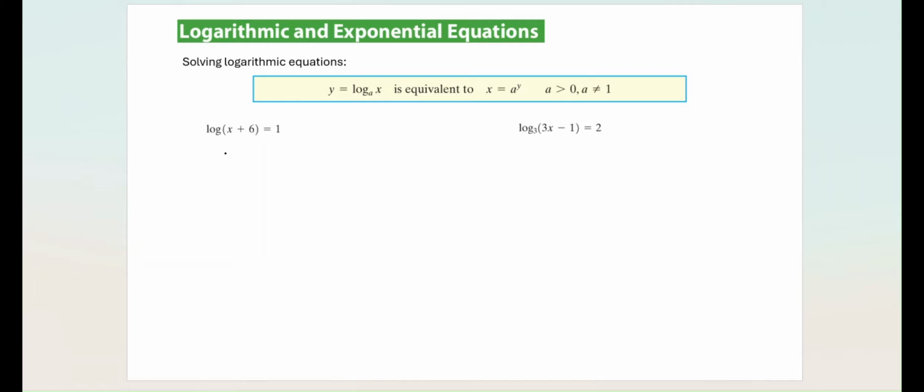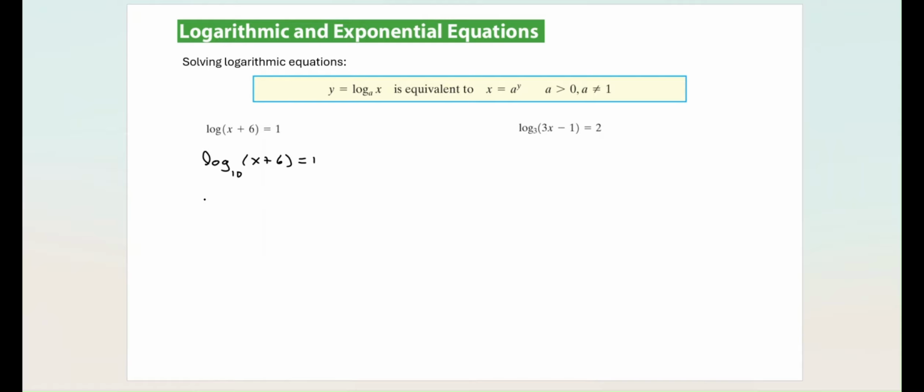In the first case, I have the logarithmic equation log of x plus 6 equals 1. As I explained before, when we have just log, it's because it's the logarithm base 10. So we can rewrite this as log in base 10 of x plus 6 equals 1. Now, once you have your logarithmic equation showing the base of the logarithm, you can now rewrite this logarithmic equation into exponential form.